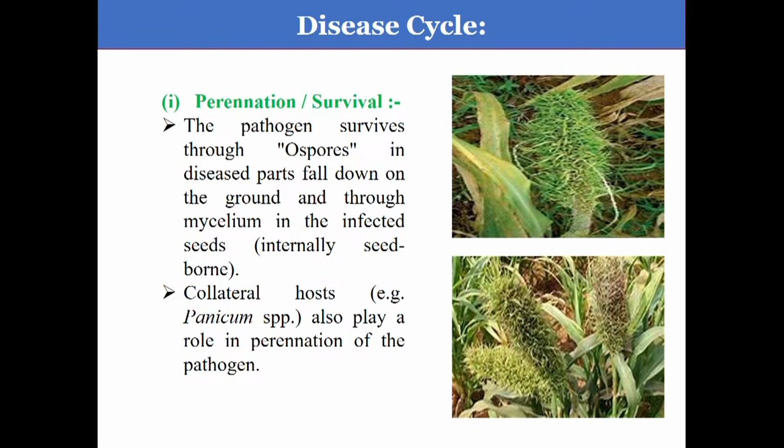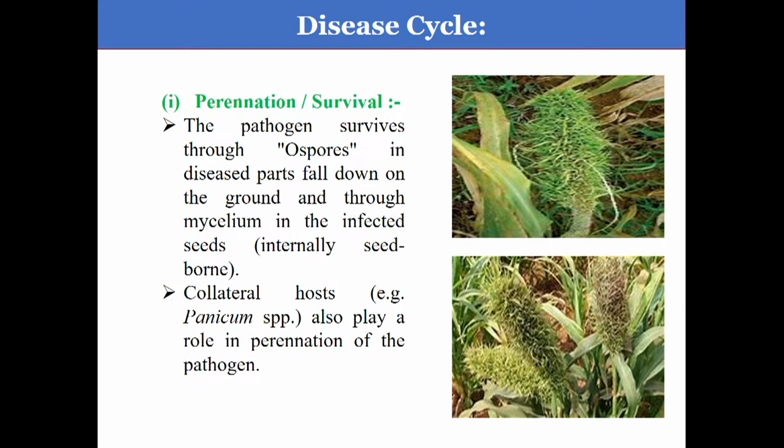The pathogens survive through oospores in the diseased part that falls down on the ground, as well as through the mycelium in the infected seed, that is basically internally seed borne. Dear learners, the pathogens survive through oospores in the fallen infected crop debris in the field, and those infected parts mix with the soil.